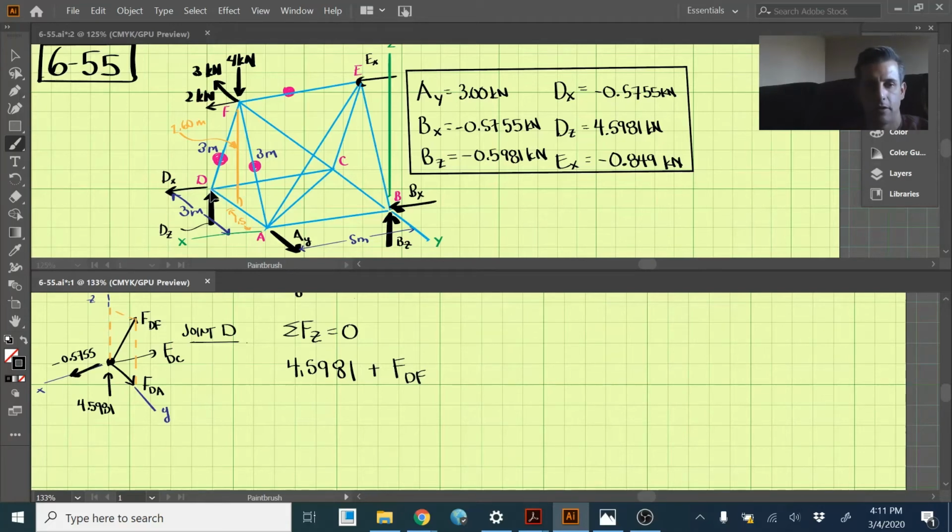And the vertical component, as we move from D to F, it goes up. Let's see, do we have that distance? Yeah, 2.6. So that's 2.6 in the vertical direction, and we know that the hypotenuse there is 3 meters. So 2.6 over 3, and that should be equal to 0.